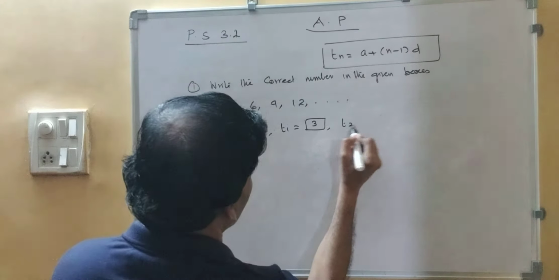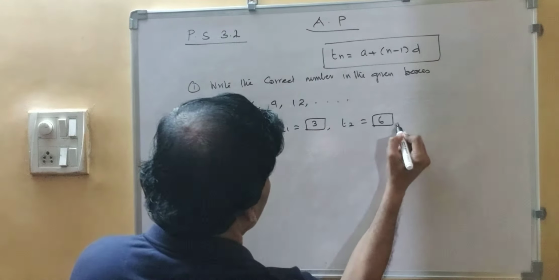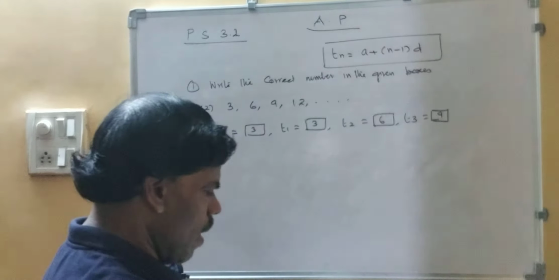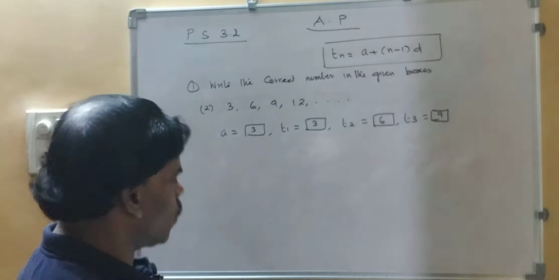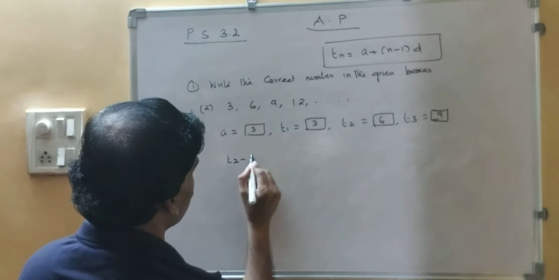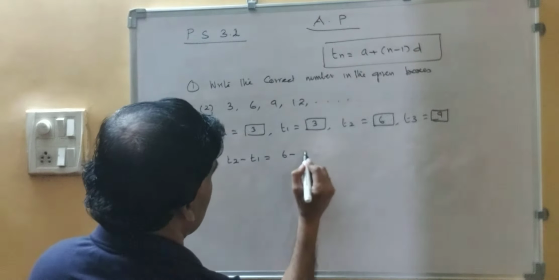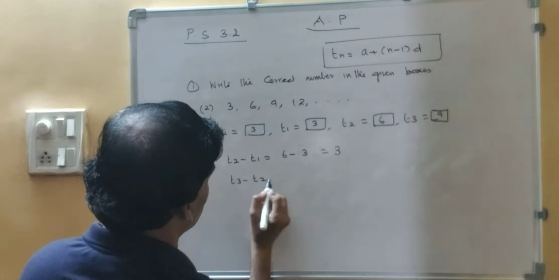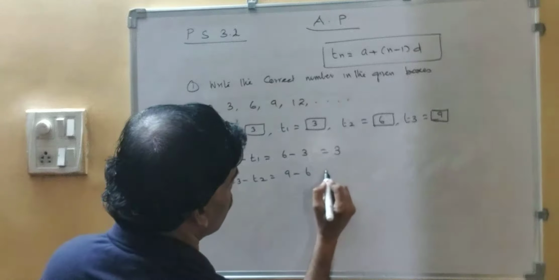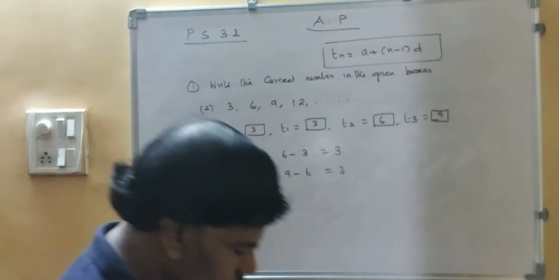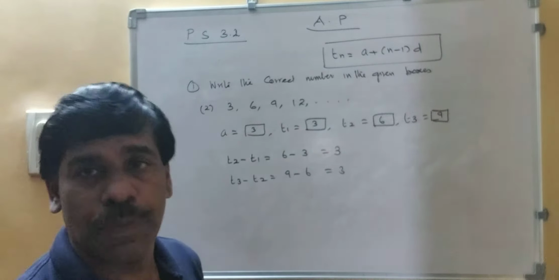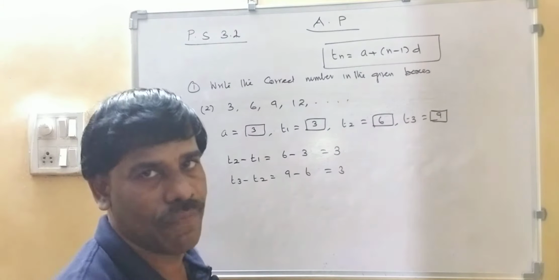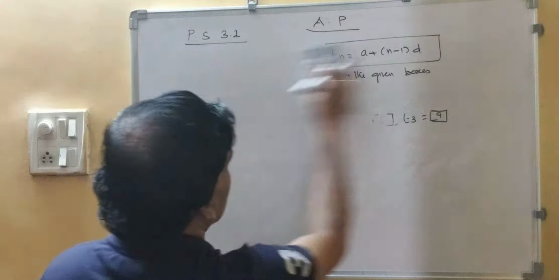What is T2? 6. What is T3? 9. Now here again, what is T2 minus T1? 6 minus 3 equal to 3. What is T3 minus T2? 9 minus 6 equal to 3. That's all. Here, what they expect from you is that you should know how to find out A and the common difference.